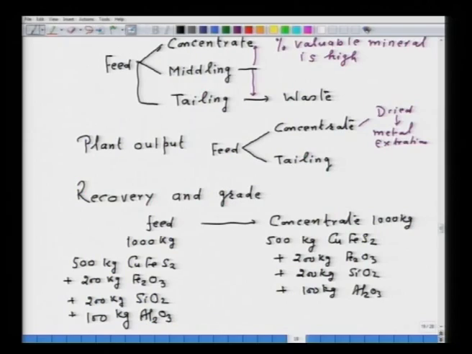What have I done? I have done nothing. I have taken a feed and said that it is a concentrate and told that I have recovered 100%.